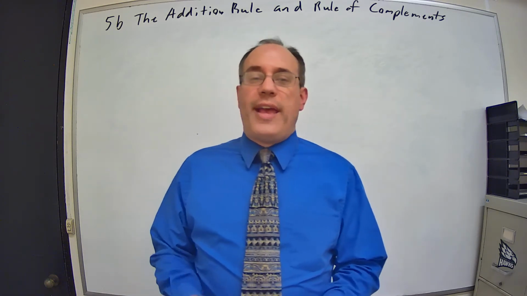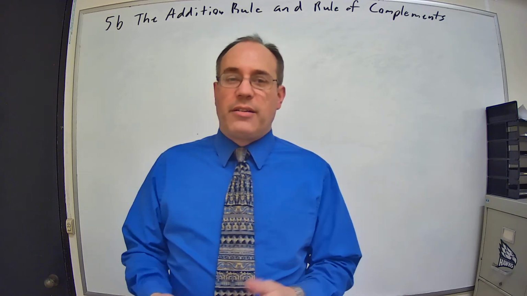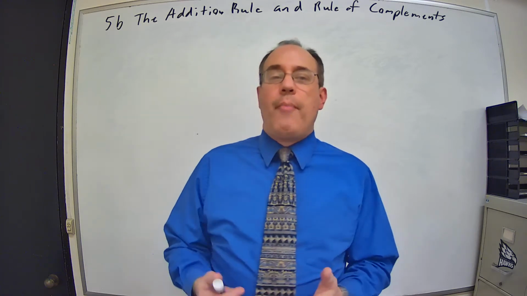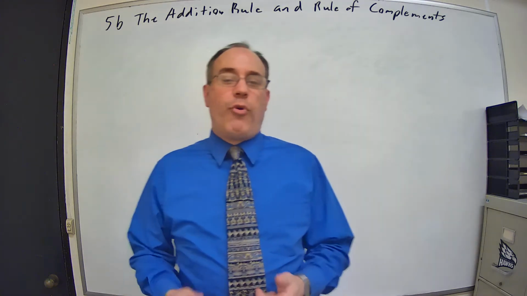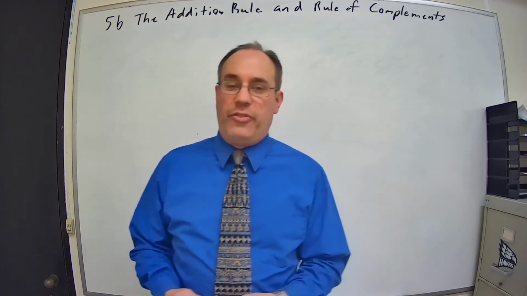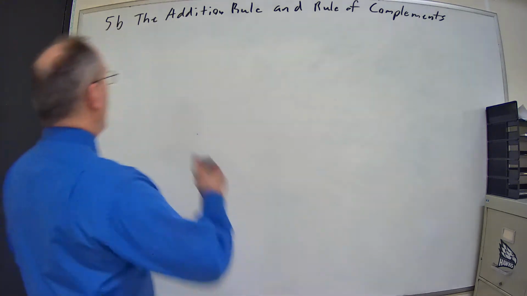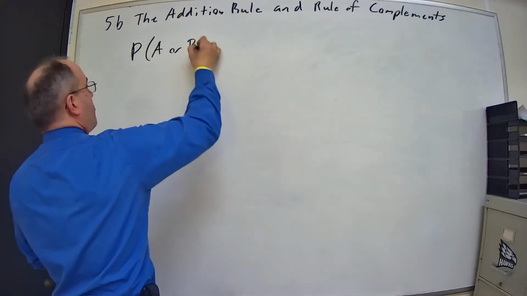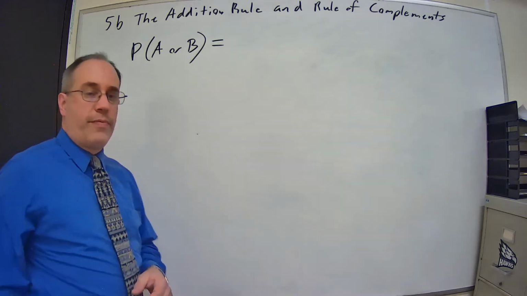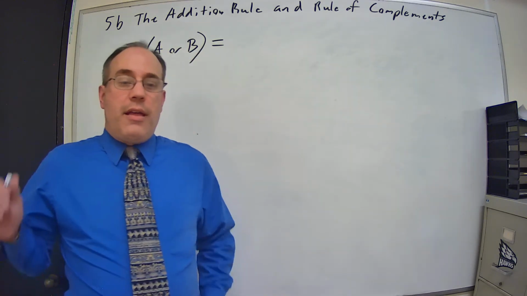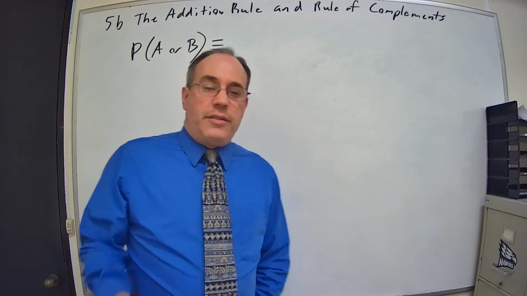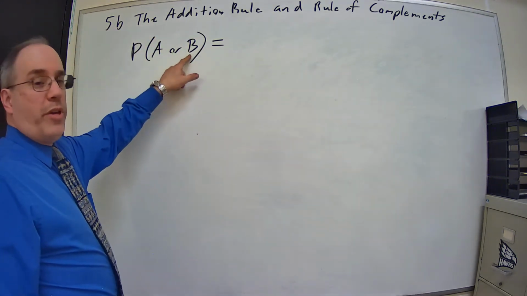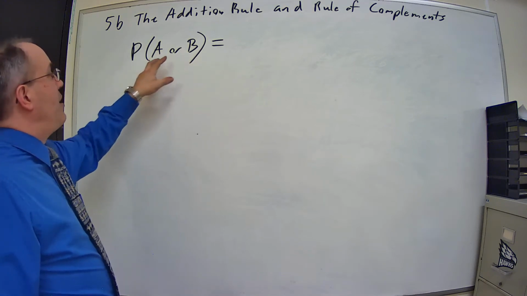Now we're going to talk about a compound event. Compound means multiple things happening. A compound event is an event formed by combining two or more events. A good example is OR: the probability that either event A or event B occurs. We'll be happy if event A occurs, if event B occurs, or if both of them occur.